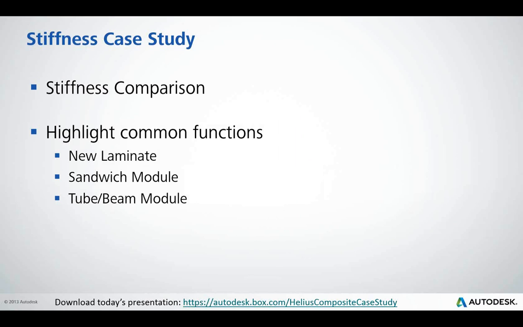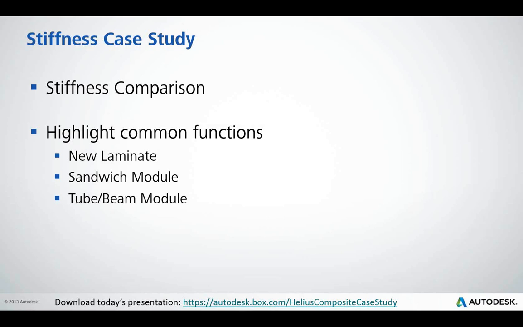So just again demonstrating how easily the software can be used to create different configurations of composite layups, and how those results can be obtained, and then how you can copy and paste those, put those in Excel, and just kind of build a matrix to look at some comparisons of different materials.